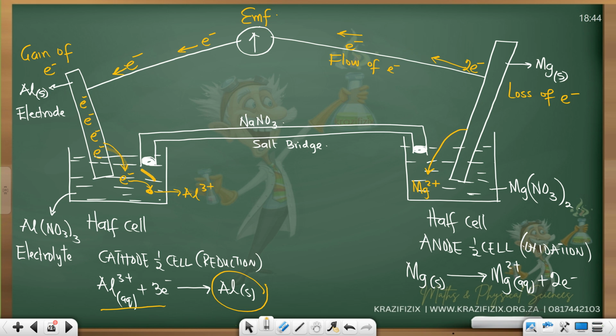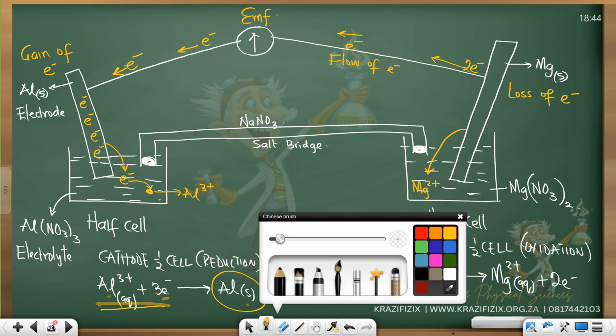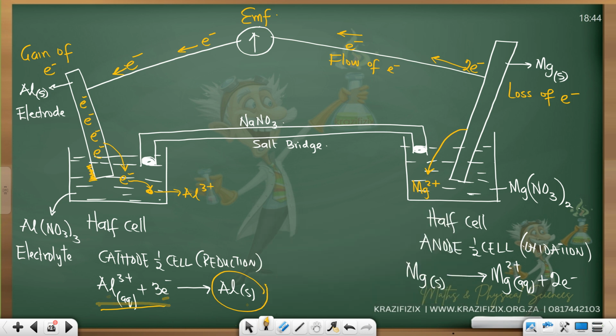So electrons get into the solution. When they get into the solution, what do they find? Al3+. And then it makes it into solid. The Al3+ then gains electrons and becomes a solid. If it's becoming a solid, reduction takes place. If it's forming a solid, we're going to have a solid form there.